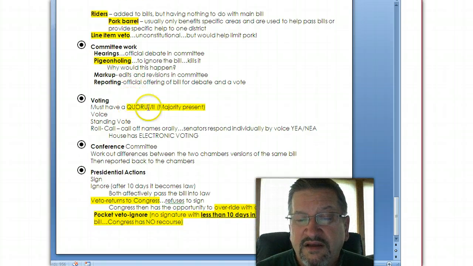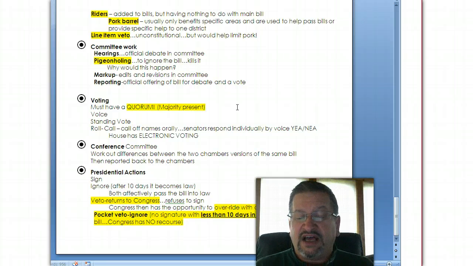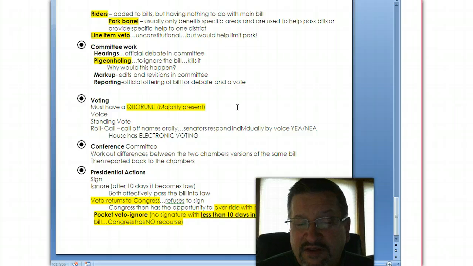And finally, voting. You have to have a quorum to vote, which means you have to have half or more present. There are voice votes where they just call all those in favor and they all say aye or nay. But the problem with voice votes is we don't know who said yes or no, and we want that record.